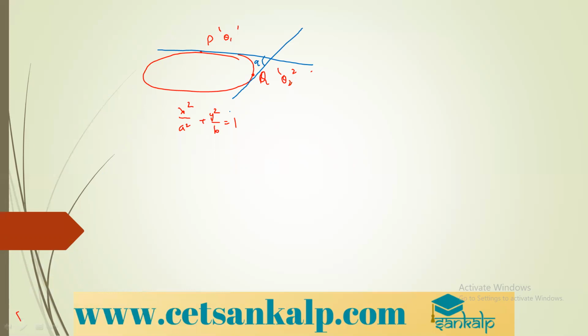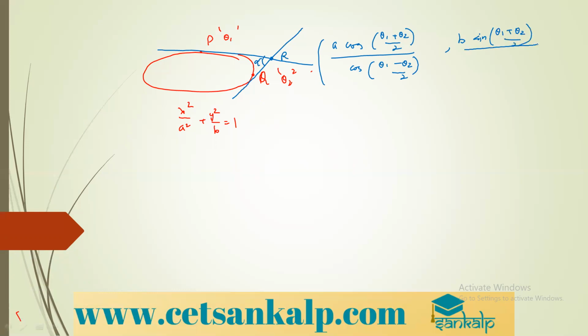In the same way, you can also find the point of intersection R. To find the point of intersection R, the formula is (a cos((theta 1 plus theta 2) by 2) by cos((theta 1 minus theta 2) by 2), b sin((theta 1 plus theta 2) by 2) by cos((theta 1 minus theta 2) by 2)).